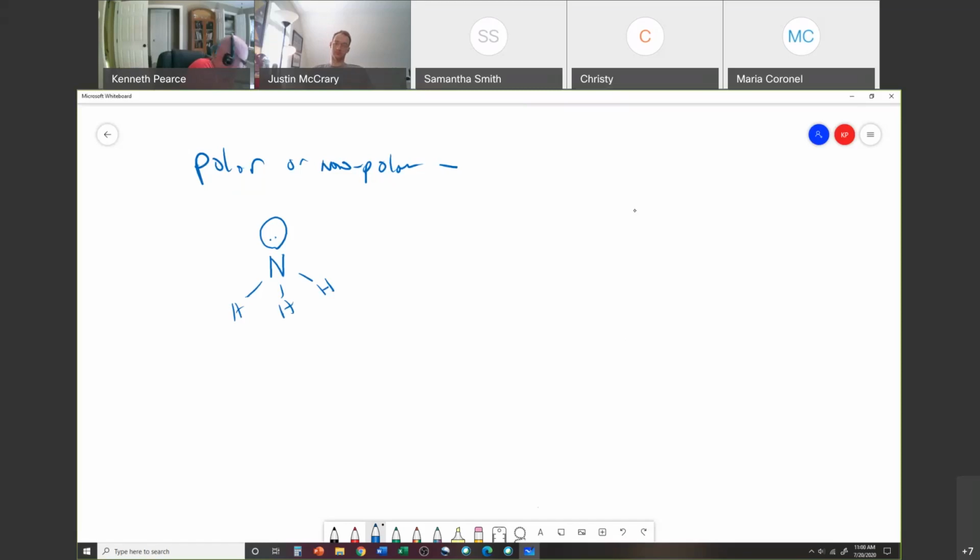Polar, polar, polar, polar. Does it have a dipole or not? And if you remember, what do we look for? We look to see if there's a difference in electronegativity between the different atoms.